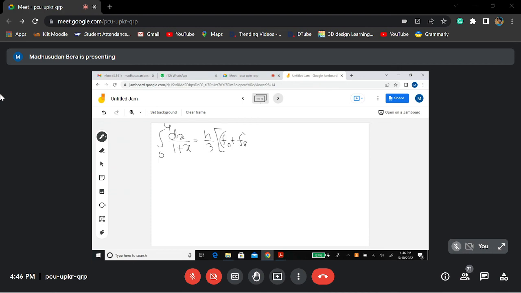Odd index will be multiplied by 4: 4 into f1, f3, f5, f7. Remaining even index will be 2 times: f2, f4 plus f6. This is the value of the integration. Formula is clear?